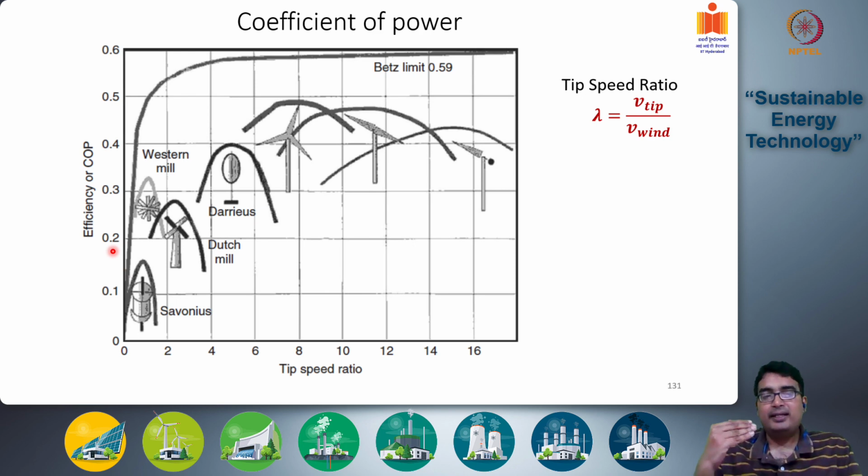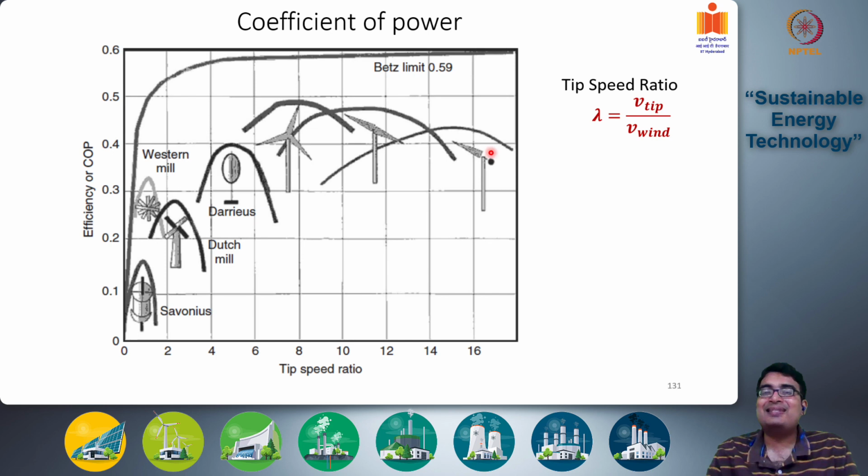So clearly the power coefficient or the efficiency depends on the tip speed ratio, and it also depends on the number of blades. This is the ideal Betz limit given a certain tip speed ratio. Okay, and these are various types of wind turbine designs.